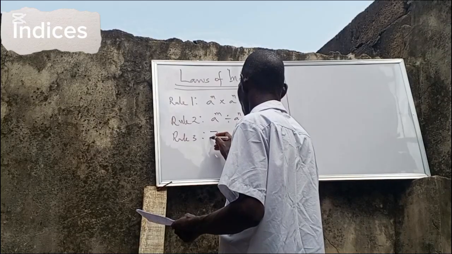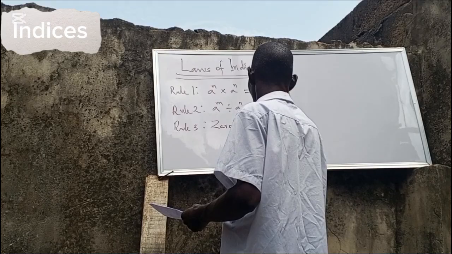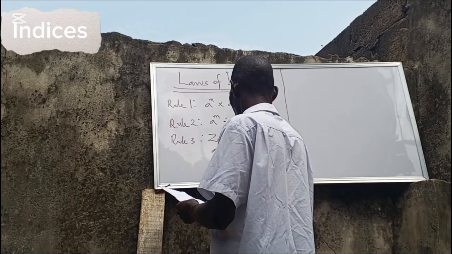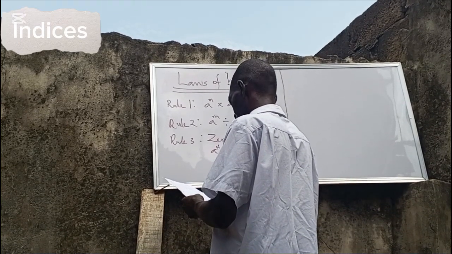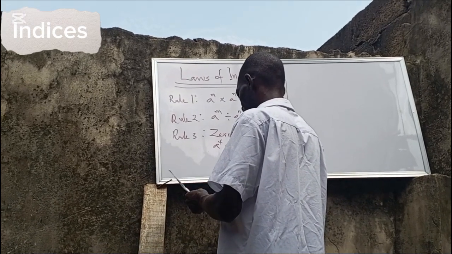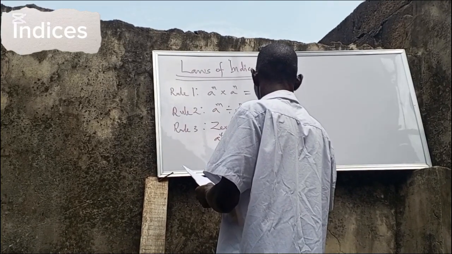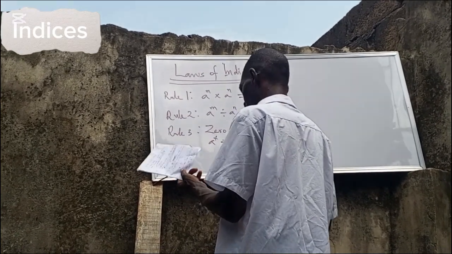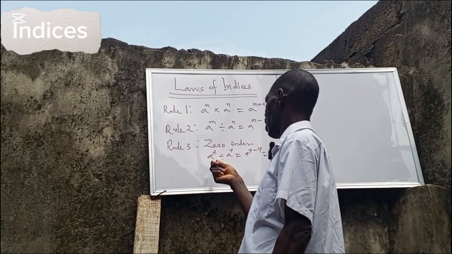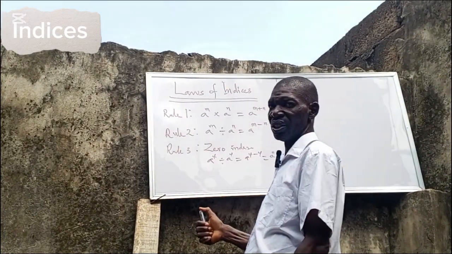So the third law, rule 3, zero index. According to the law of indices, anything raised to power 0 is 1.